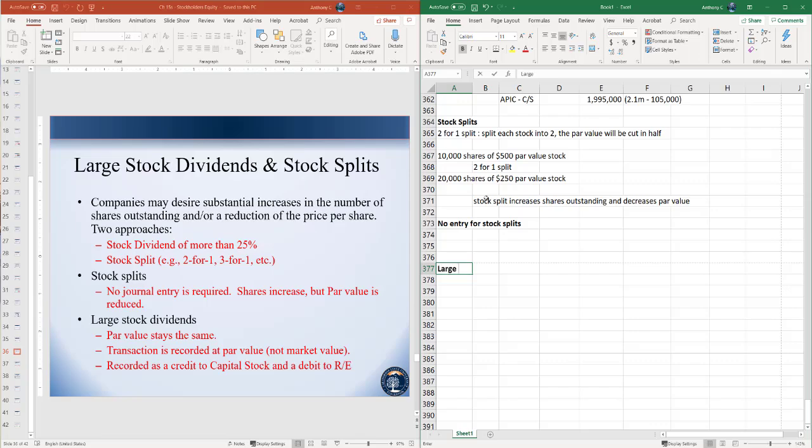Now for a large stock dividend. With a stock split, I said it increases shares outstanding and decreases par value. With a large stock dividend, it will also increase your shares outstanding, but it does not decrease par value.